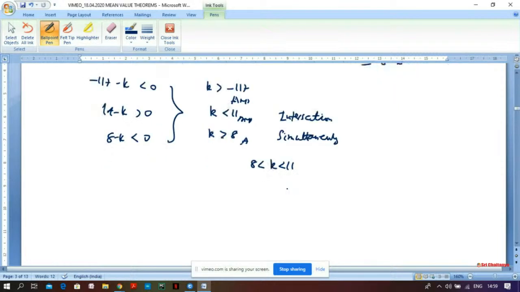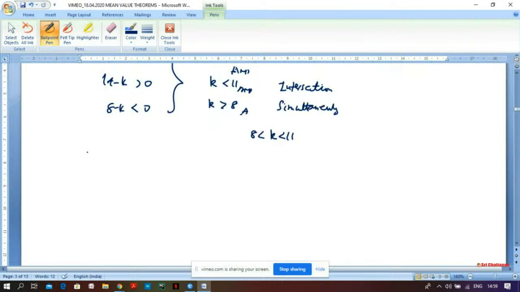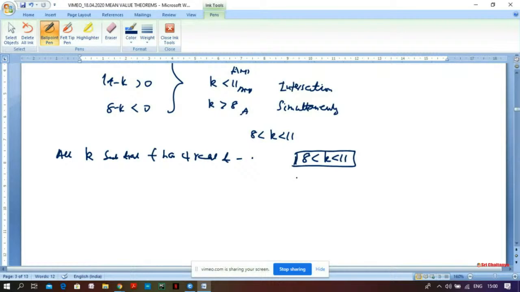It means we have found that the set of all values of k such that f has 4 real and unequal roots is given by 8 less than k less than 11.